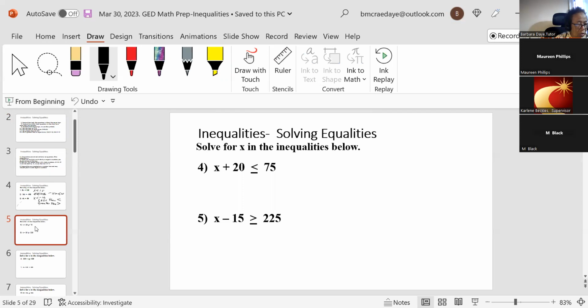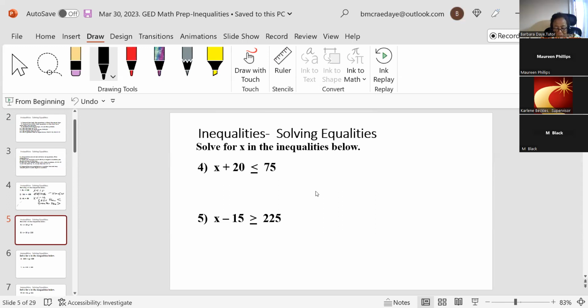Okay, I just want you to do one more. Do number 4. Tell me what your answer is for number 4. X plus 20 less than or equal to 75. Another one-step inequality, mental math. And you can just tell me the answer.